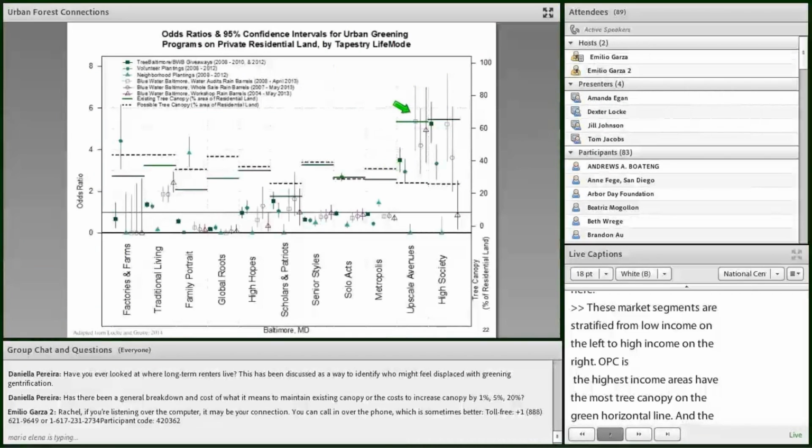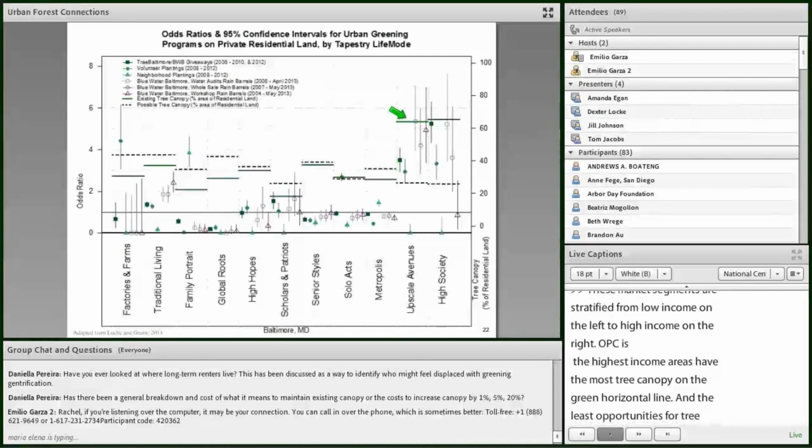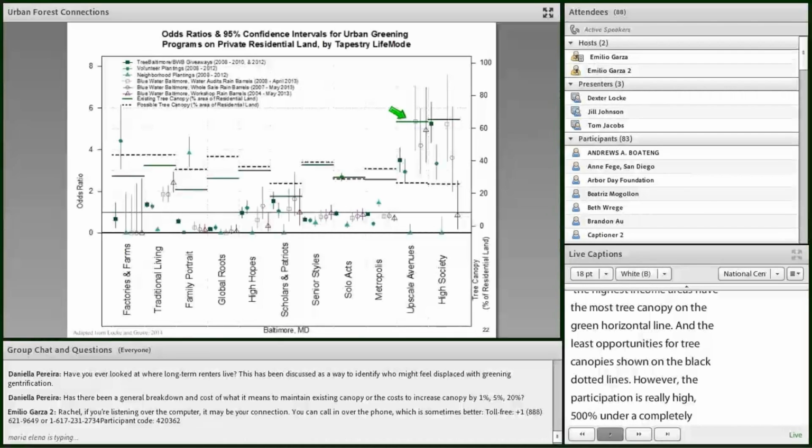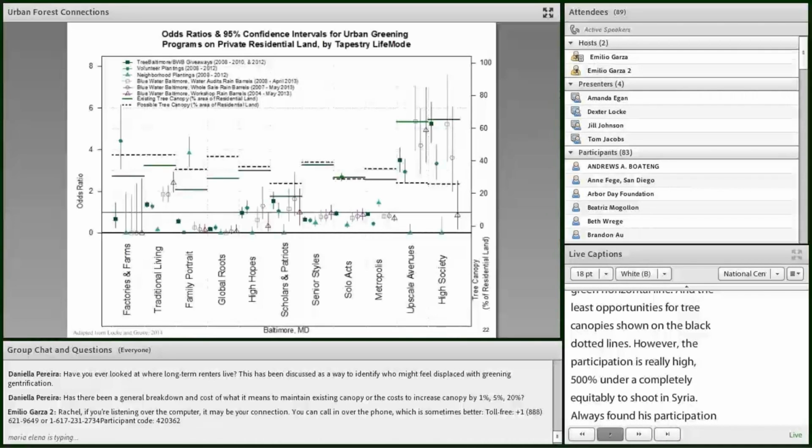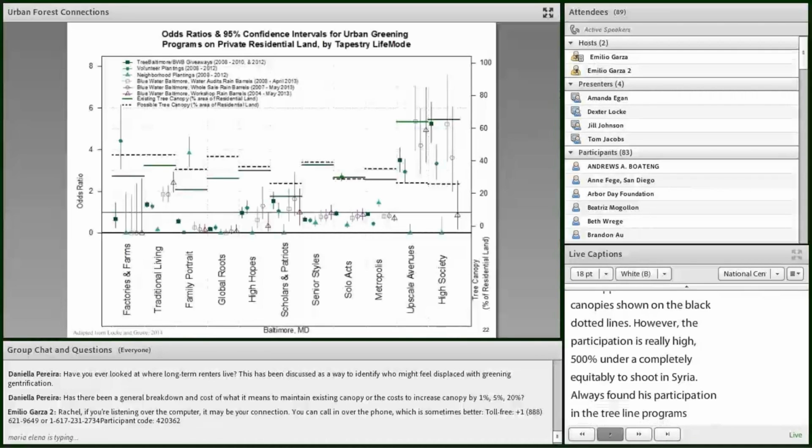However, their participation was really high, 500% of what we would have expected under a completely equitably distributed scenario, odds ratio of greater than 5. So what we found is that participation in the tree planting programs, which is different from the amount of existing or possible tree canopy, varies differently than perhaps was intended.